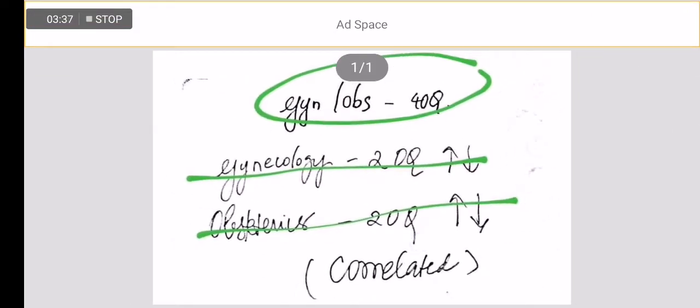For gynecology and obstetrics, gynecology 20 questions and obstetrics 20 questions, and most of the questions are correlated.